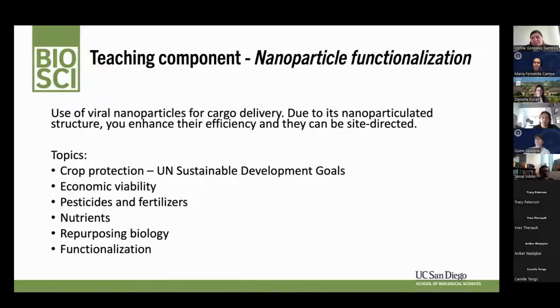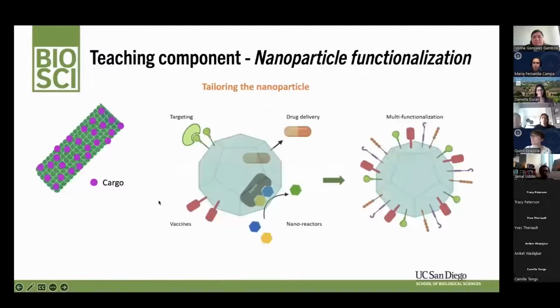And we're talking about using them now for delivering something or for helping something that they usually attacked, or they have this perspective that they're bad for the environment, but actually in this case they could help. This could also be done by using silk or other components in biology that can be repurposed for other applications. And finally, the idea of functionalization or multifunctionalization.